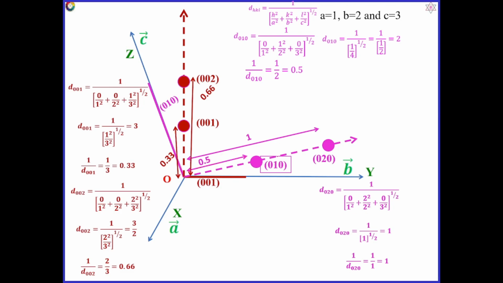So here I have located the 010 point. This point represents the plane, or the set of planes, 010, right?